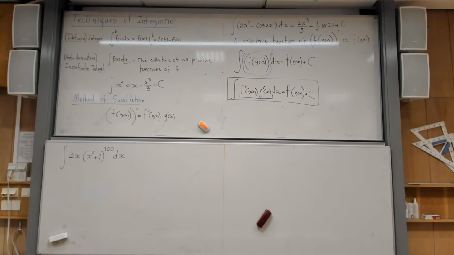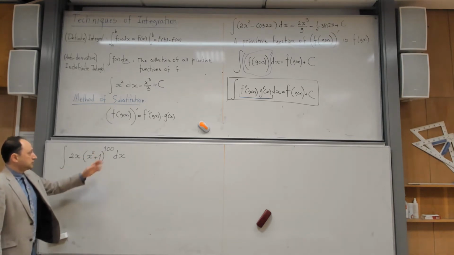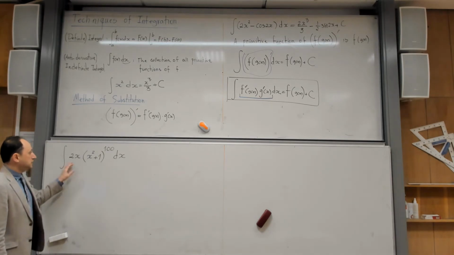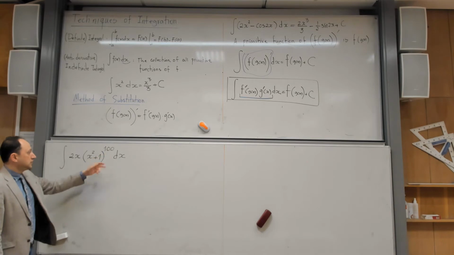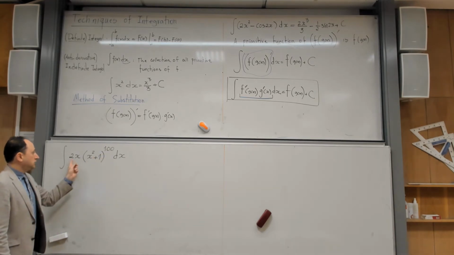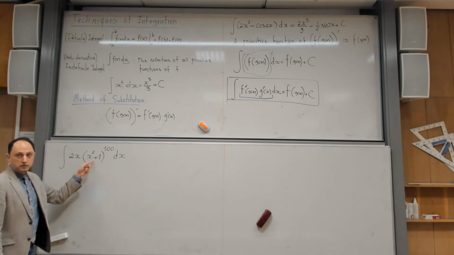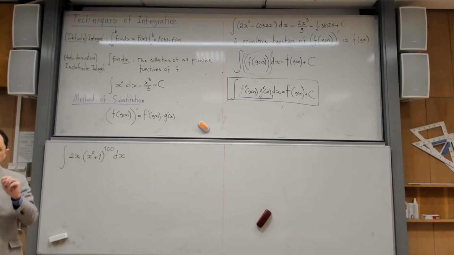If I had given you power of 2 rather than power 100, I would call it even a Math 3C problem, because if I give you power 2, first you spend a little bit of time to raise it to power 2, and then you multiply this 2x inside the expansion, it becomes a polynomial, and you calculate the primitive function term by term.